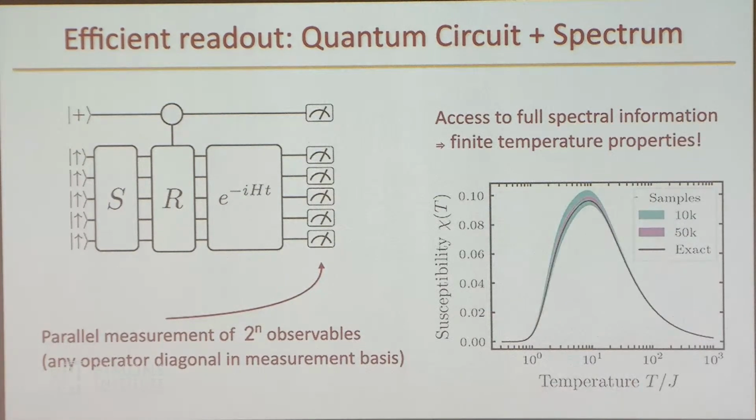Another thing that we can do is, for example, get the susceptibility as a function of temperature. In this case, we take the sigma z, which gives us magnetization, as the operator A, and put the whole solution into a Boltzmann distribution, and this gives this curve here.